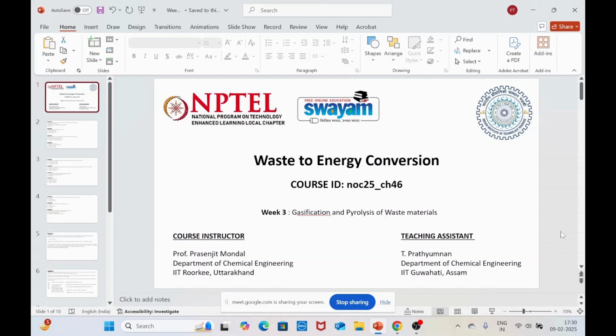If you have paid attention carefully to the course, the temperature obtained through this plasma gasifier process is around 4000 to 7000 degrees Celsius. That's approximately 5 to 10 times higher than what you use in your fixed bed gasifiers.